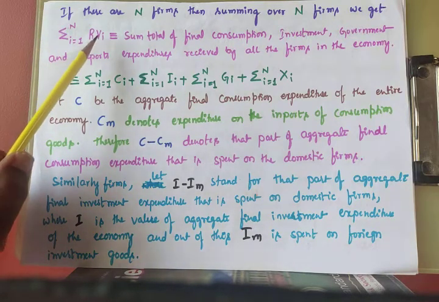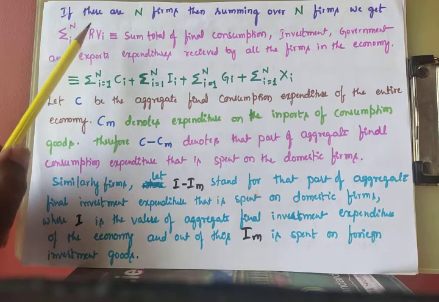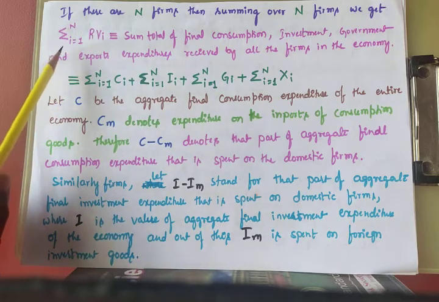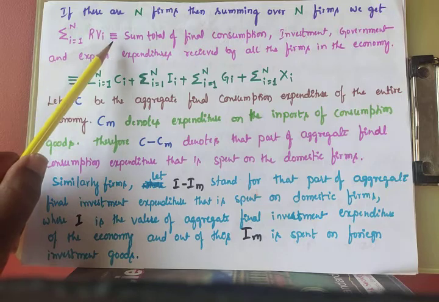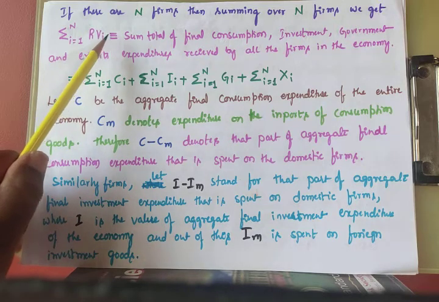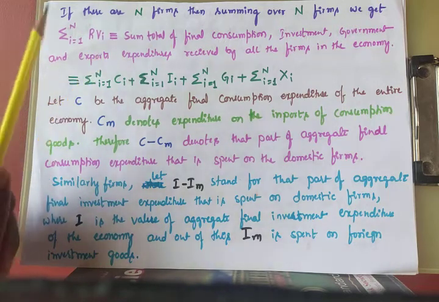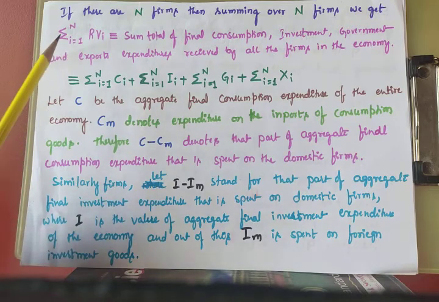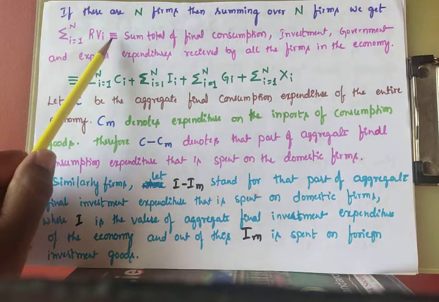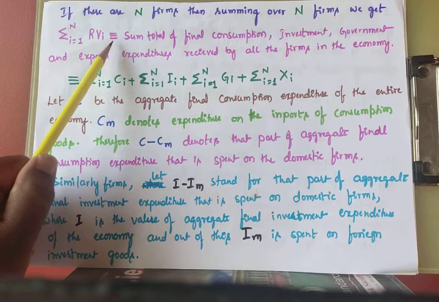RVI, the revenues of each firm. I means each firm. You can observe this symbol; we call it identity, or equality. There are three horizontal lines, right?